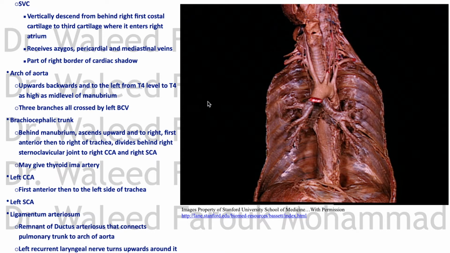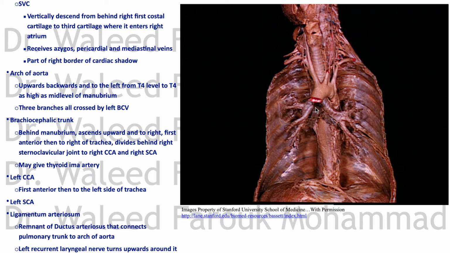The arch of the aorta, it's a big artery, of course, arising from the left ventricle. The ascending thoracic aorta goes up and to the right, and then starts the arch of the aorta.